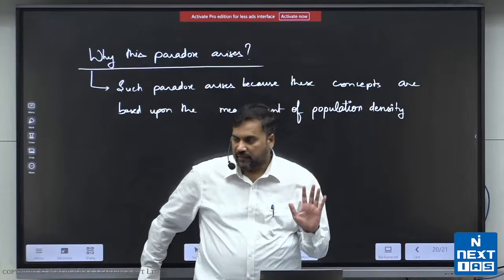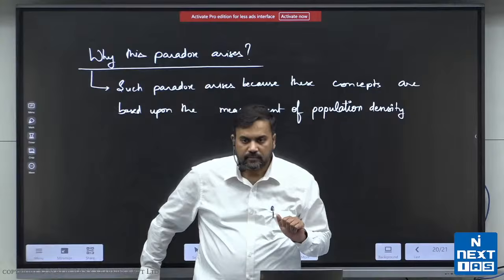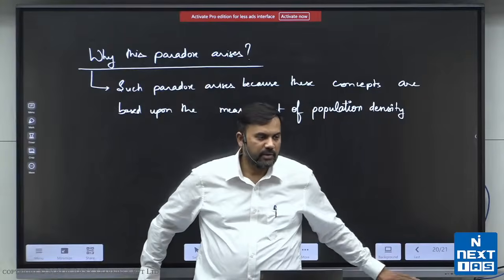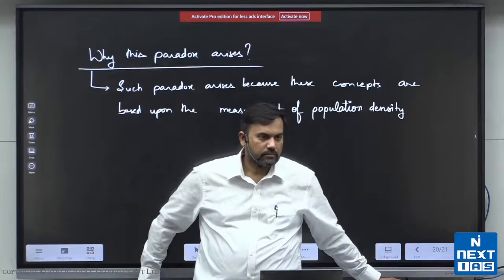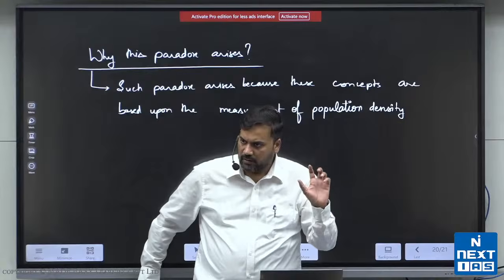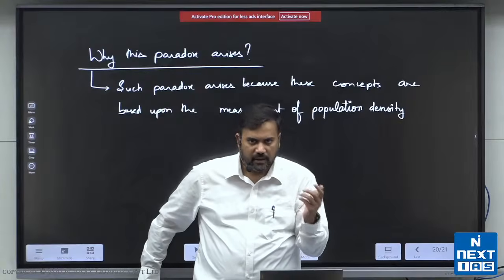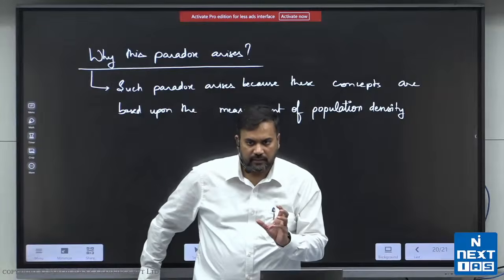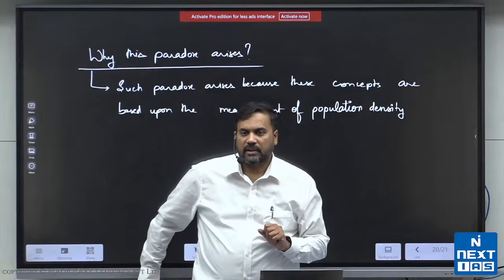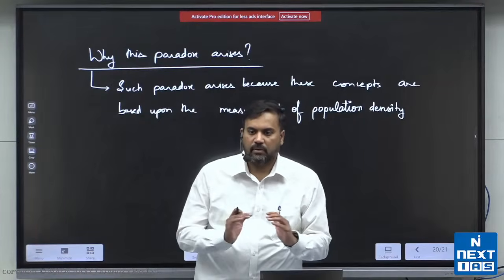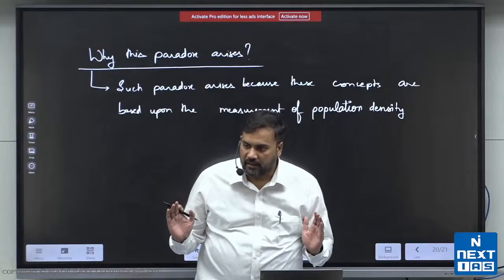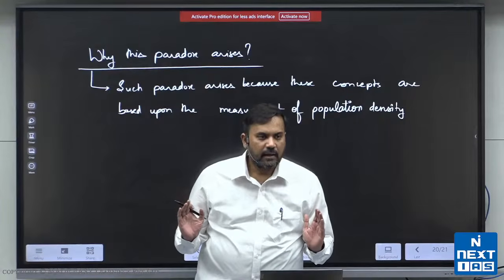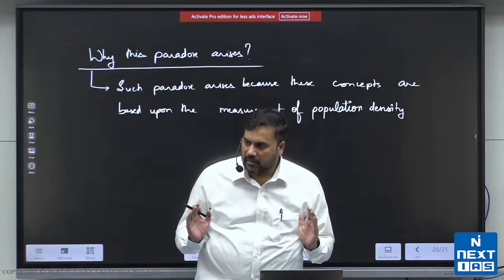Okay, now let us understand one thing. When we talk about population density, population density is a very vague concept. Why? How do we measure population density? Population upon area, that is how we measure how much population is there in a particular area. Now the problem is that it tells us about the total area. Can I say all of that area is not necessarily productive?